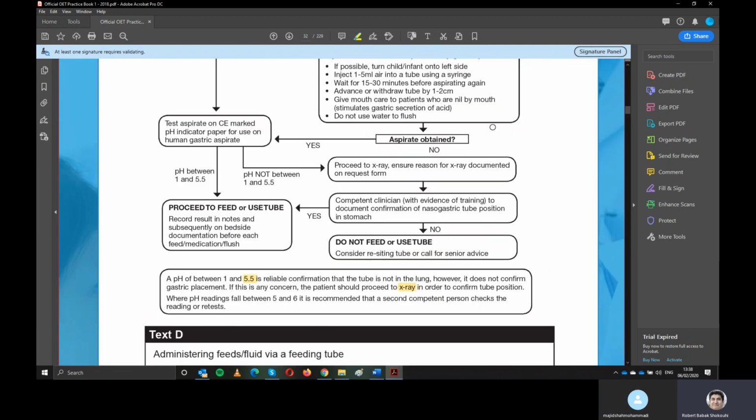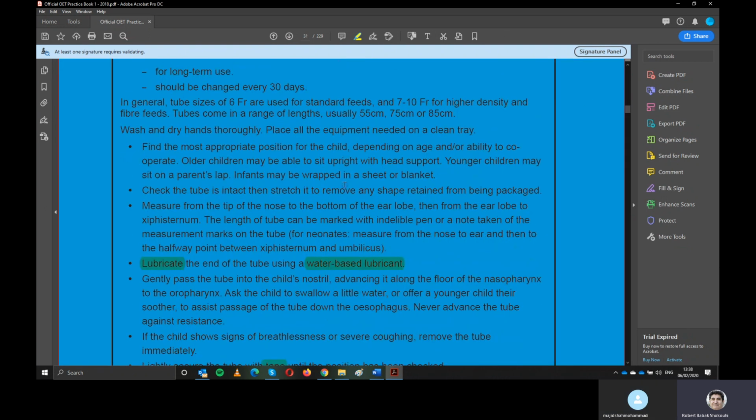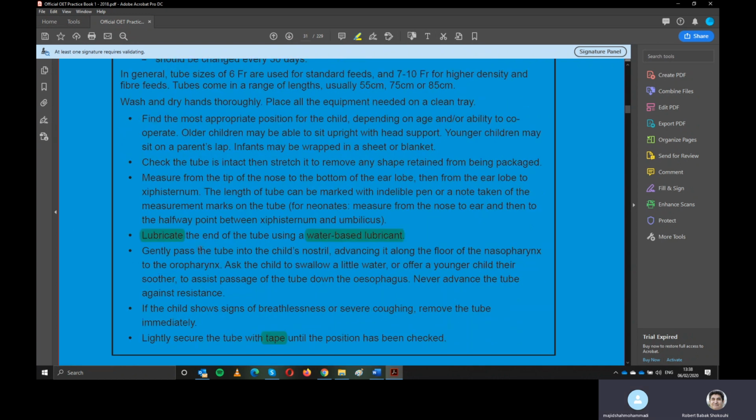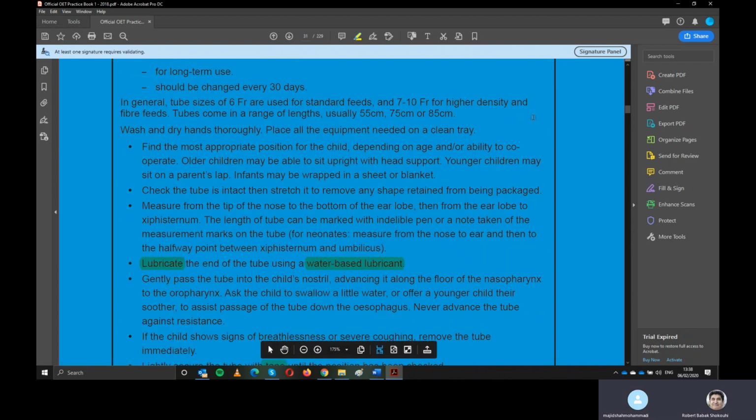It's probably in the previous one, in part B here. Not here, I am looking.